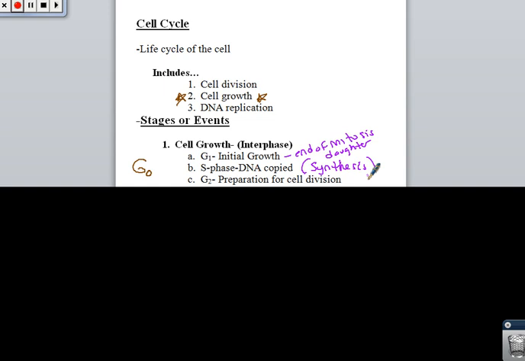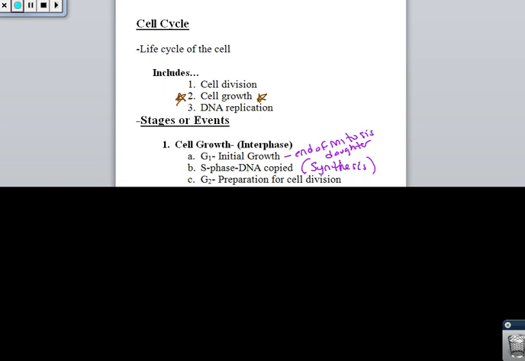And then you also have the G2 phase, which is the preparation for cell division. So once the DNA is copied, the cell is ready to go through the next event, which is mitosis. But I was telling you before, we also have this G0 phase.